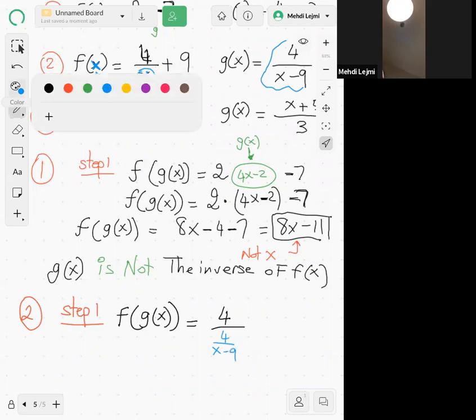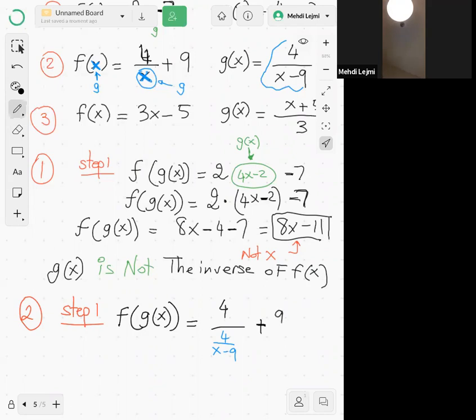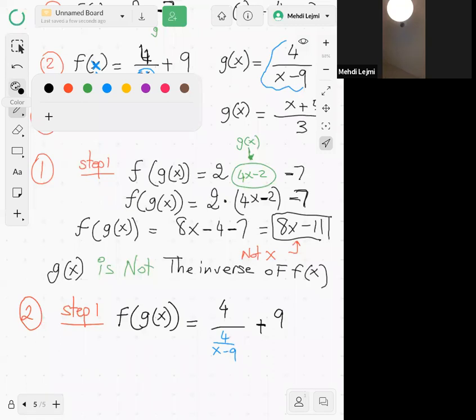And there is this 4 here in the top, divided by 4 over x minus 9, and then there's plus 9. All right, so here, guys, just be careful. There's this whole number 4, divided by this fraction, which is 4 over x minus 9.